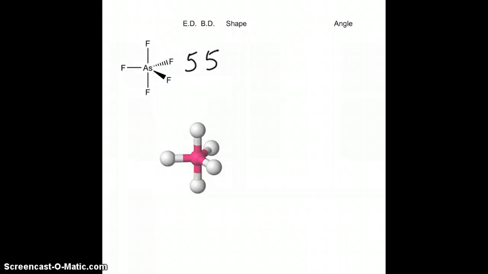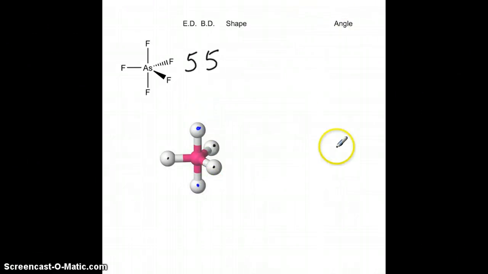Now, one other thing is, because there's 5 things trying to be equally spaced around the central atom here, those 5 things, 1, 2, 3, 4, 5, take a special orientation. This orientation has these 3 atoms that are kind of around the belly of the molecule, the middle of the molecule, and then these 2 atoms here that I'm going to highlight in blue that are on the top and bottom.